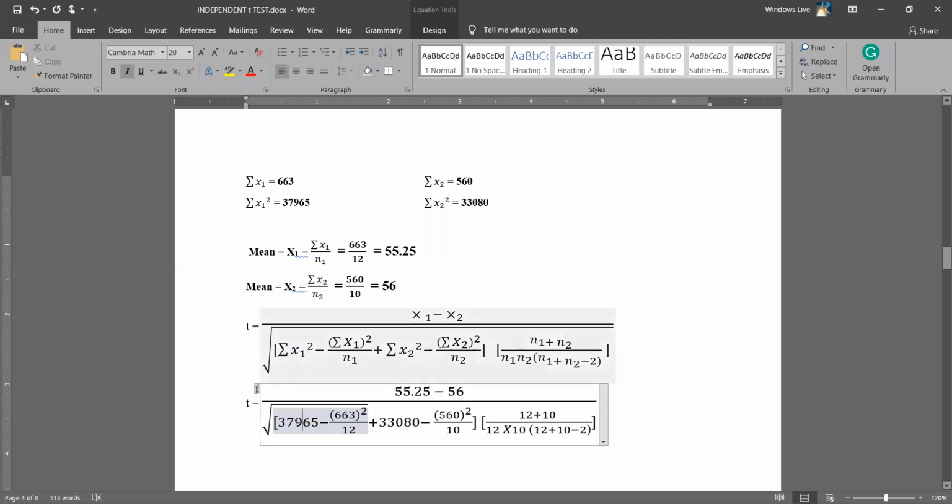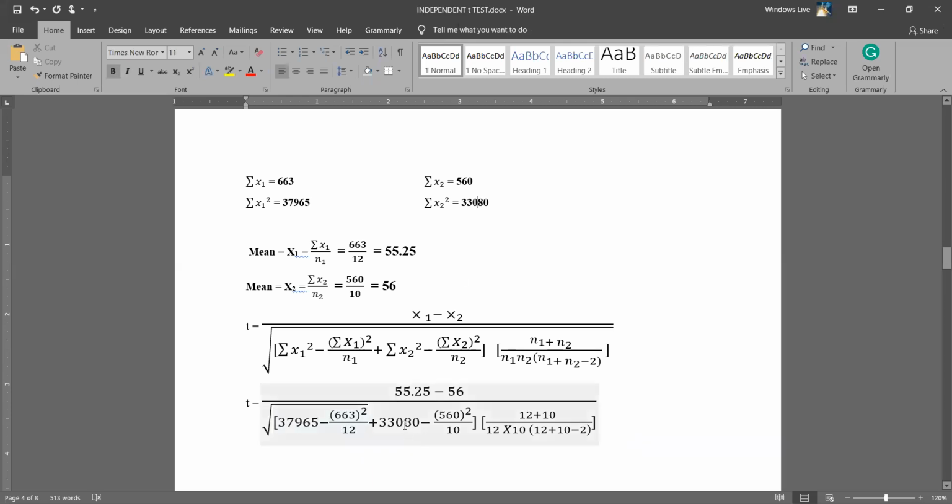Then you move on to the next one, sigma x all squared. We had sigma x all squared to be what? Inside the bracket we have sigma x, which is this 663. So it means 663 squared over n1. n1 is what? 12. That's what you write. Plus sigma x squared for group 2, we had it to be 33080.